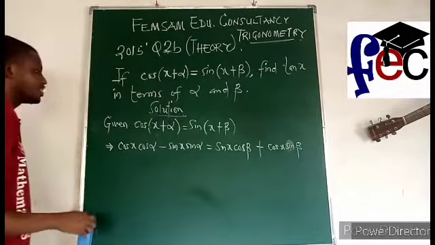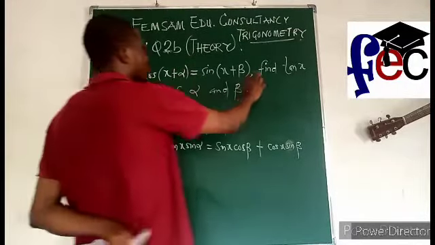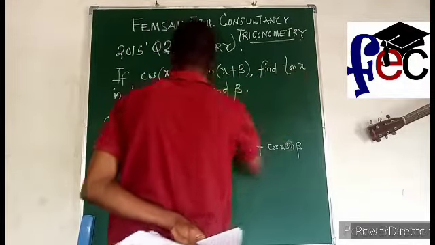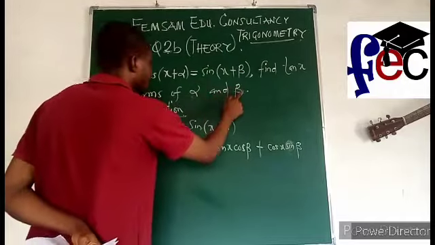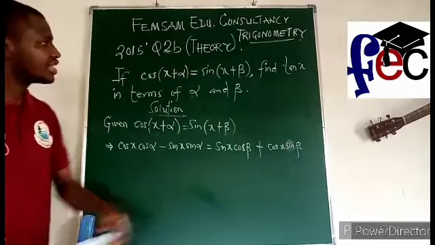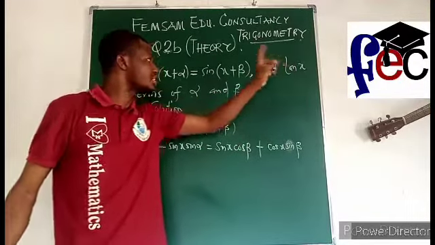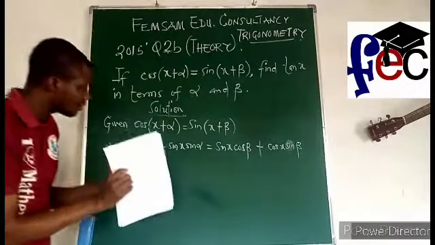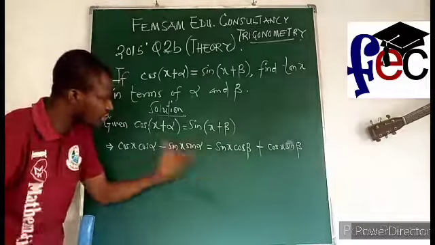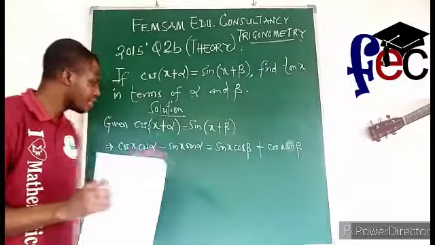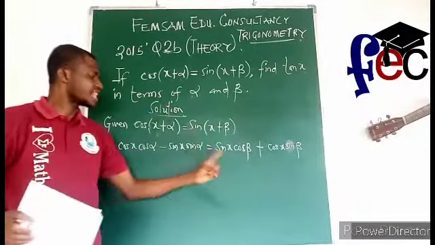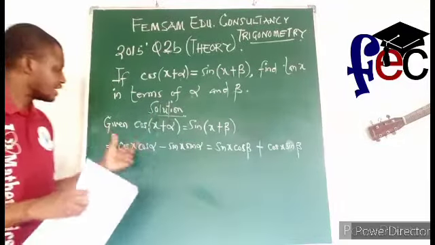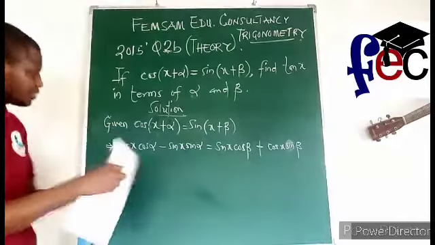Okay, so our duty is this. We are to look for tan x in terms of alpha and beta. Don't forget that tan x is the quotient of sin x over cos x. So the kind of manipulation we need to think of is, how do I bring all the terms of sin x together, and the terms that contain cos x, bring them together.